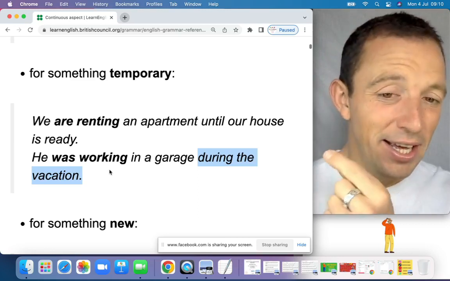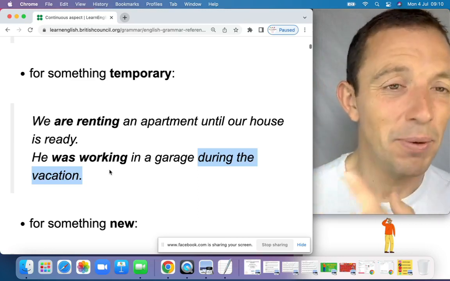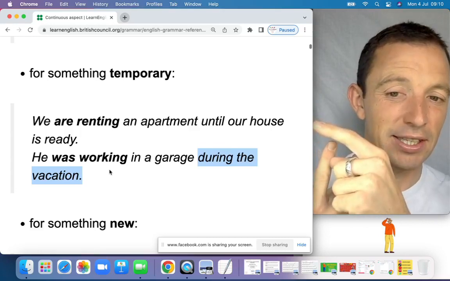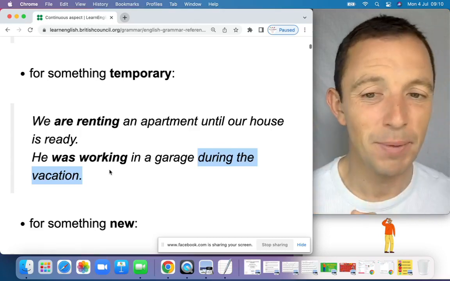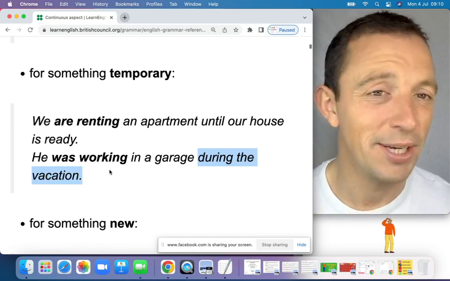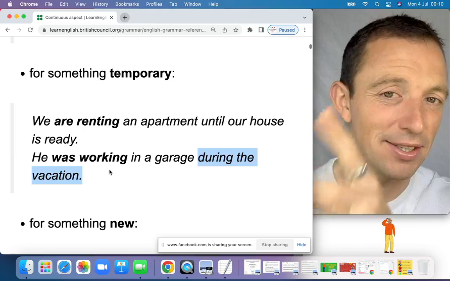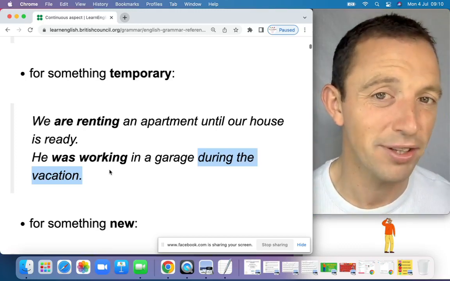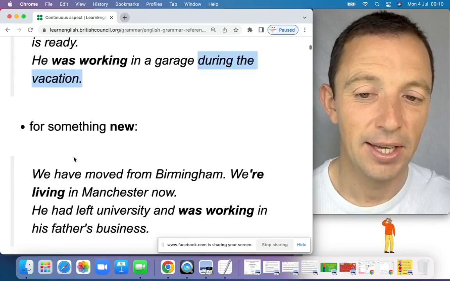Okay. The past simple is also possible here. He worked in the garage during the vacation, and the present simple maybe is possible. We rent this apartment until our house is ready. So again, don't worry too much about this explanation and these perspectives, because they're not very strict in spoken English.